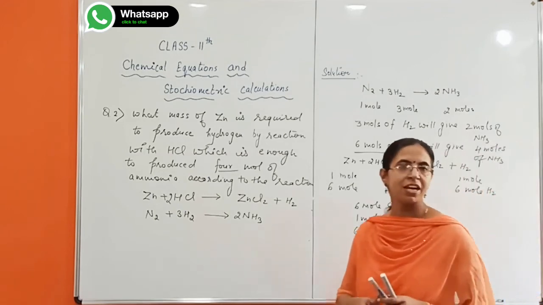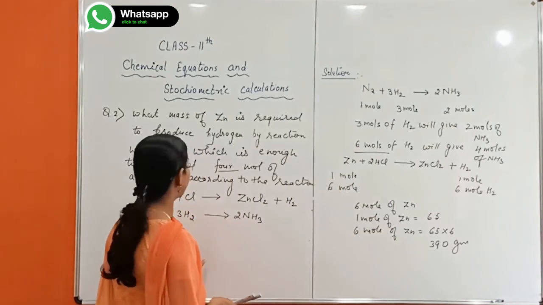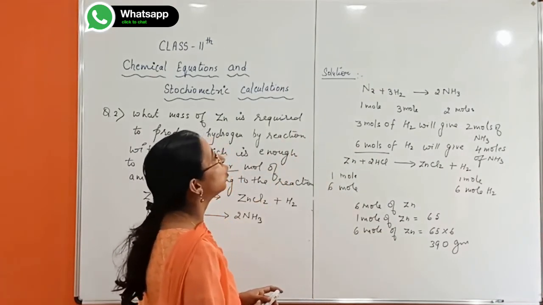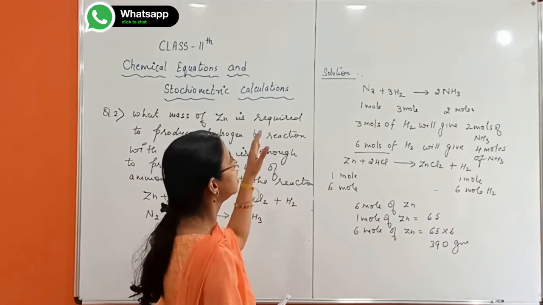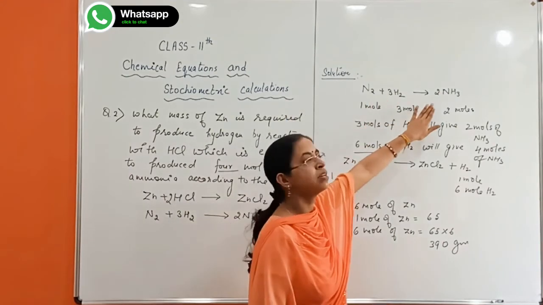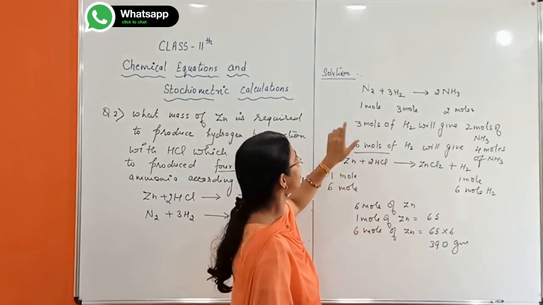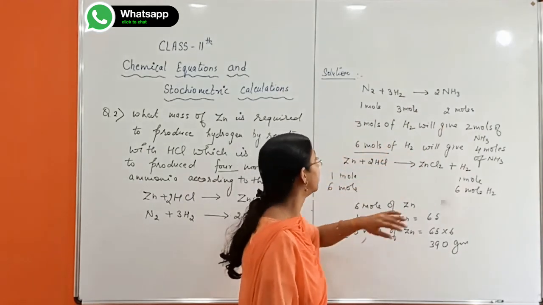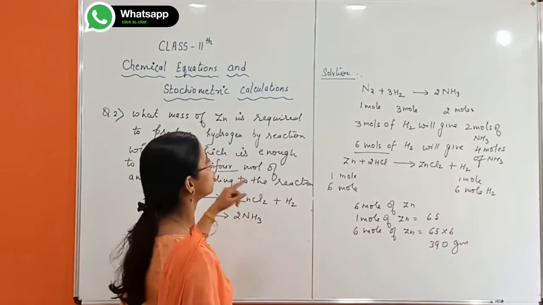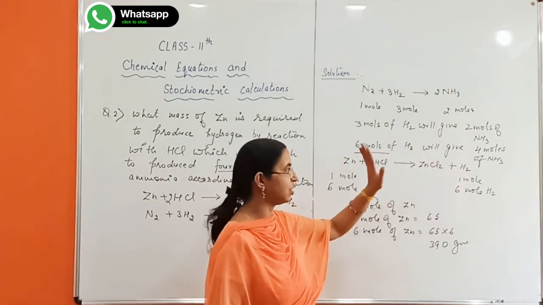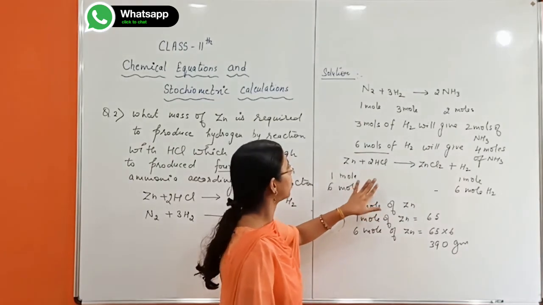Okay, let me explain this question one more time to you. Nitrogen is getting reacted with hydrogen. Here 3 moles of hydrogen is going to produce 2 moles of ammonia. So that is why 6 mole of hydrogen will produce 4 moles of ammonia. Okay, so our reactant will produce in a proper amount.